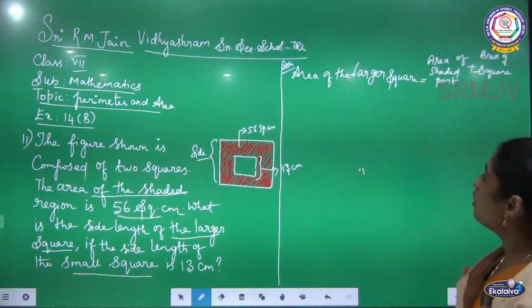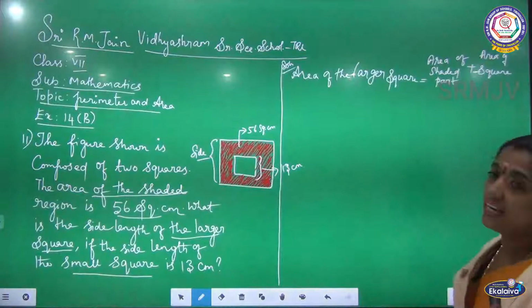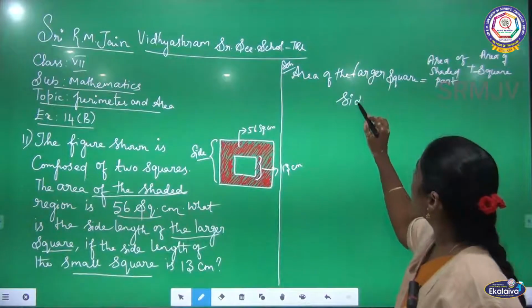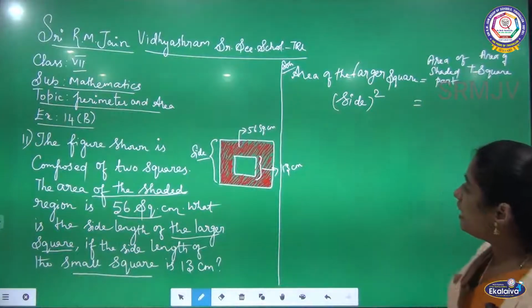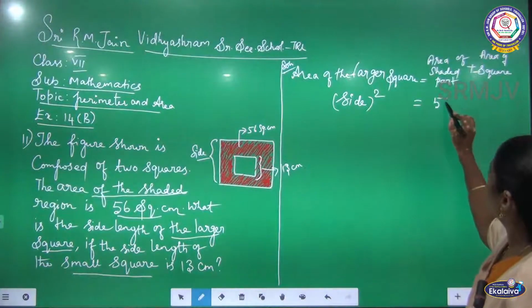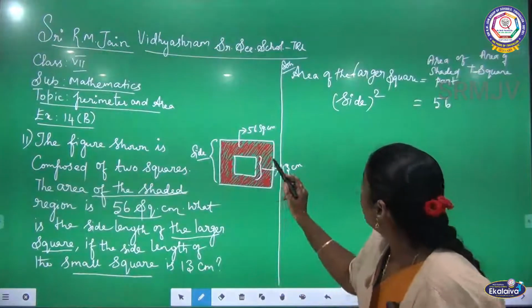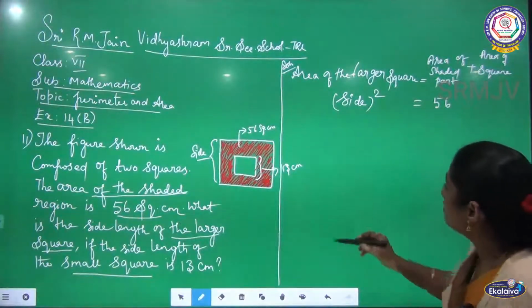See, what is the area of the largest square? Side into side, which is side square. Area of the shaded part is 56. And what is this? Area of a square. What is the side length they are given?